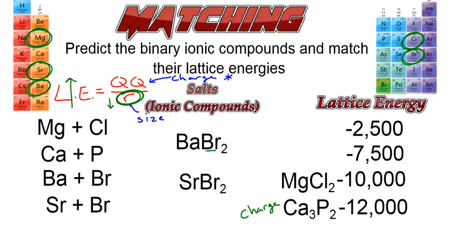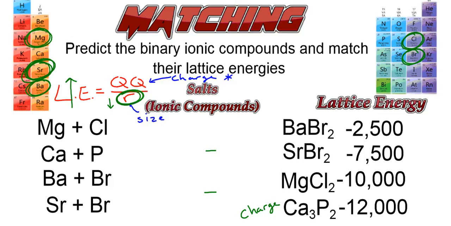The Brs are the same, so I don't have to look at that. So now I simply look at the strontium versus the barium, and the strontium is much smaller by an energy level, so Sr is smaller than Ba. So that should be the order of my salts with their lattice energies. So these were all determined by the size or by the radius and not by the charge.